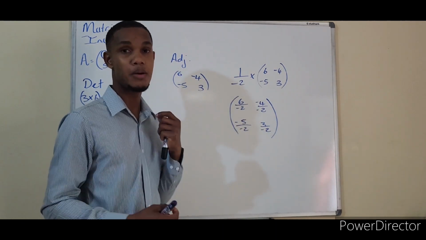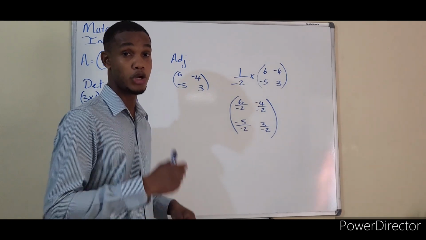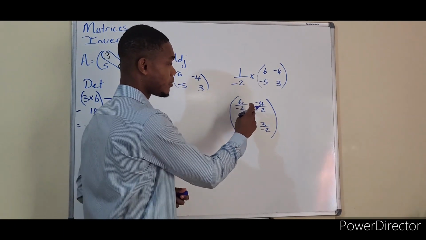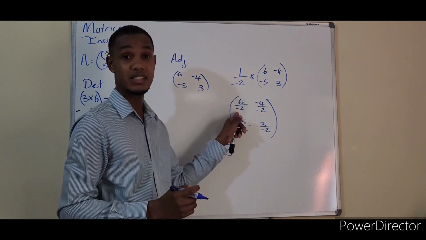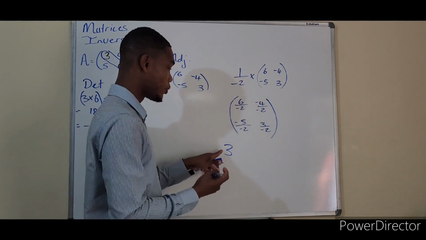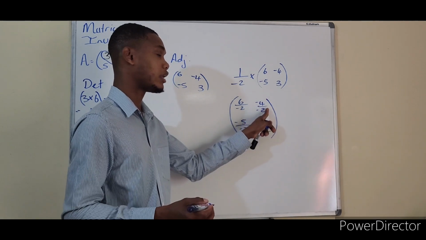So because it has a denominator of 1, you do not need to write it back like a fraction. You can write it as a whole number. So 6, as we said before, 6 divided by 2 is 3. So you put the 3. Because this is negative and this is positive, the rules of integers apply. So you'll put back the negative sign here. Here, negative 4 over negative 2.